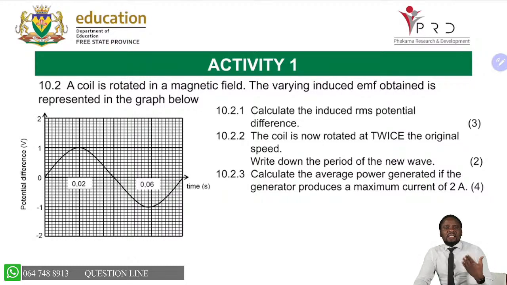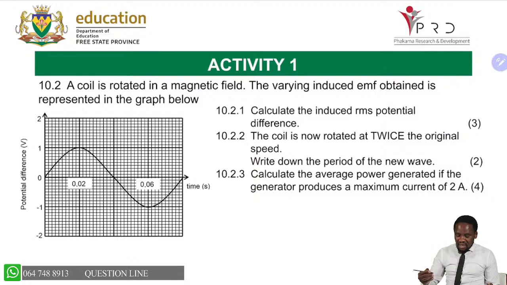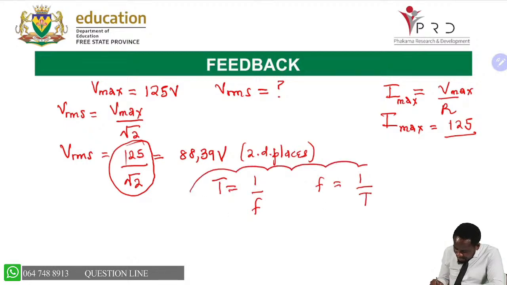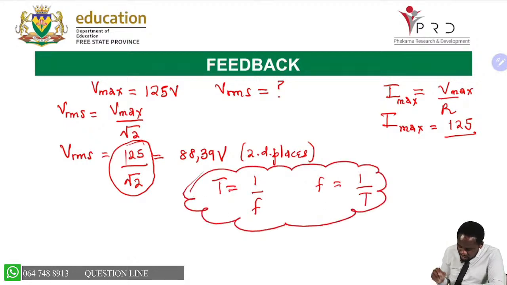We also took note of very important formulae from grade 10 that we must remember: period is the reciprocal of frequency, and frequency is the reciprocal of period. That is something you must always remember.